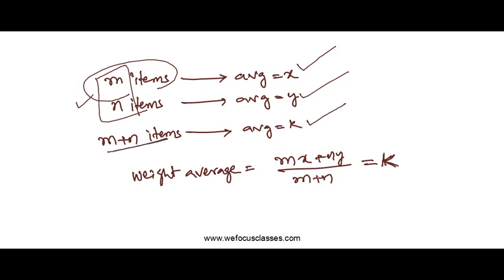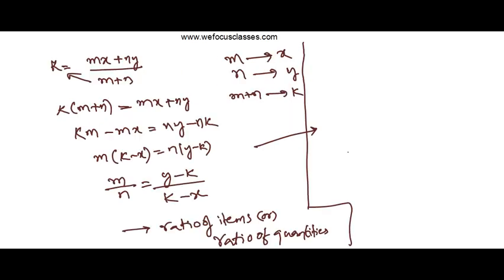You know how to calculate the weighted average, that is (mx plus ny) by (m plus n), but its average is clearly given as k. Now simplify this. Once we simplify, we get k into (m plus n) equals mx plus ny. So km plus kn equals mx plus ny. Bring mx this side, so it becomes km minus mx, and take nk this side, so it becomes ny minus nk.